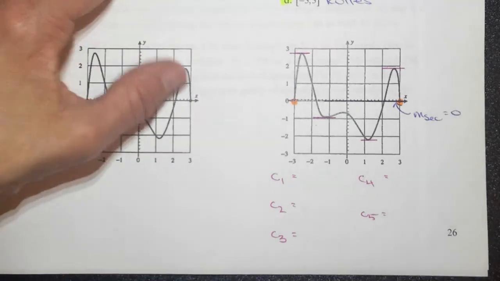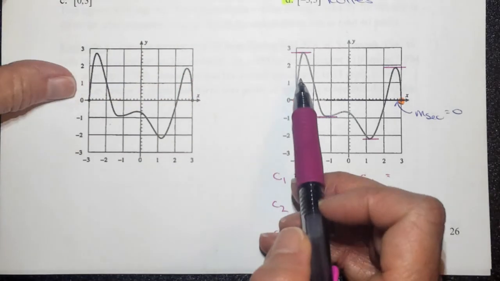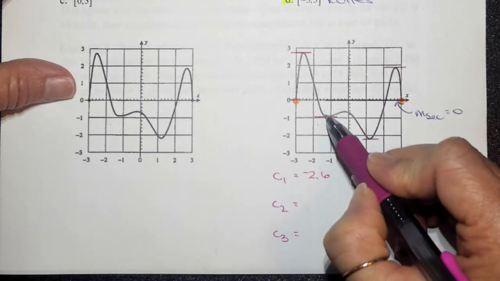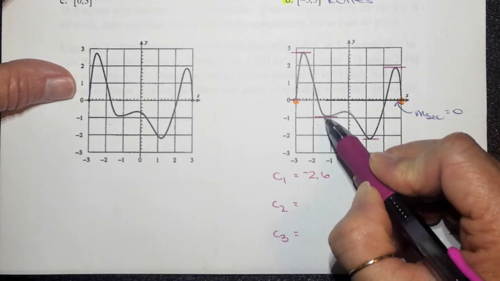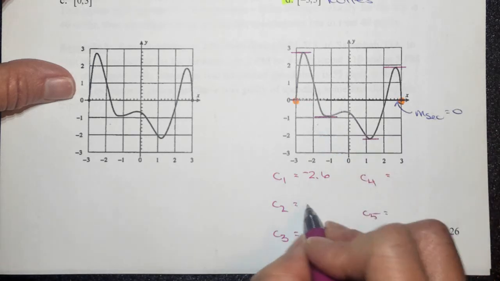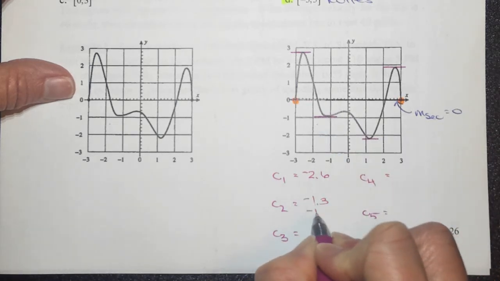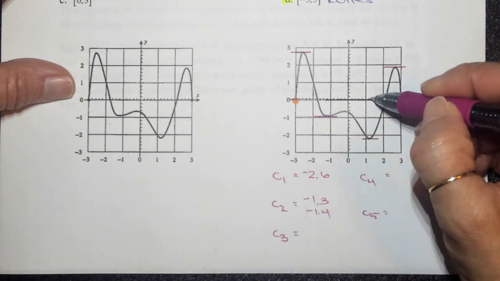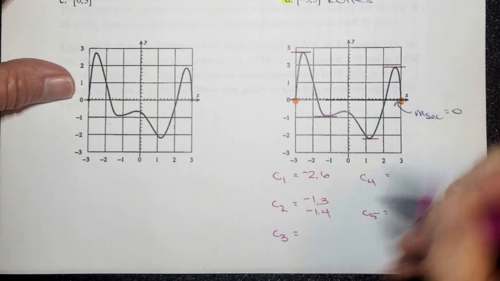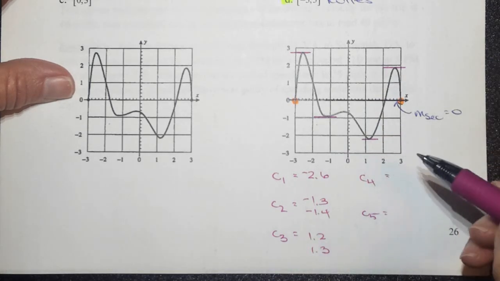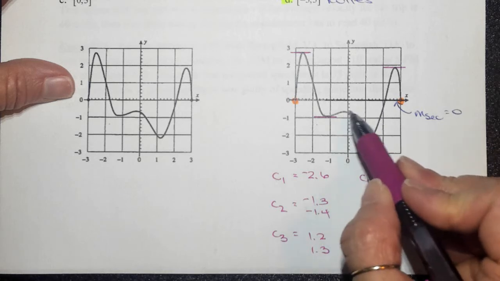I usually just go from left to right. This one was the same one that we talked about before. It's about -2.6. This one right here we could say is -1.4, -1.3, whatever you say. This one right here would be 1.2 or 1.3. Oh, I missed one. Dead smack in the middle here.